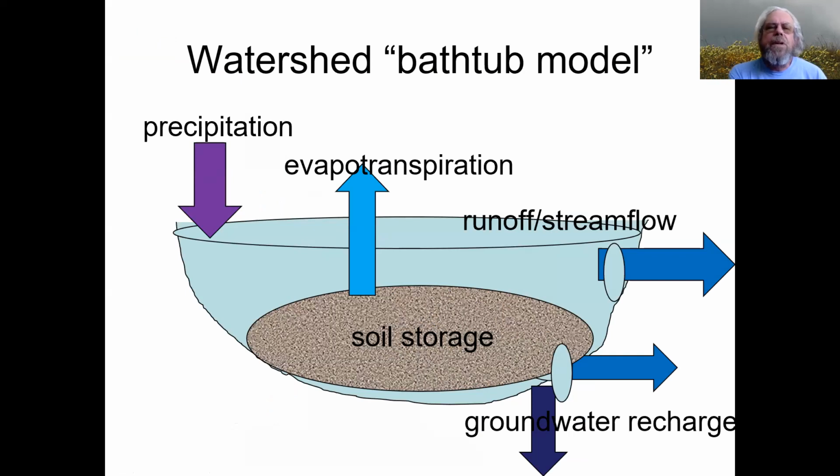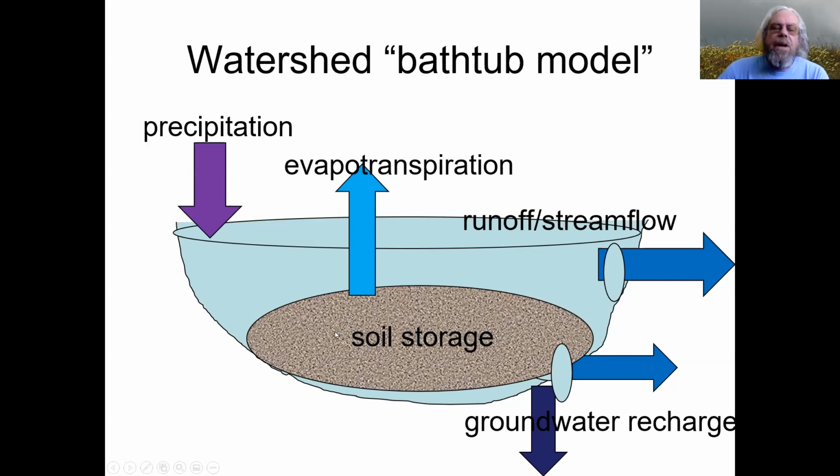And so to do that, we use the Watershed leaky bathtub or leaky bucket model. So we're just keeping track of where the water is coming in and where it's going out to. So we get precipitation. Precipitation starts filling up this sponge, that's the soil storage, dependent on soil texture and depth. Now, some of the water goes back up into the atmosphere via evapotranspiration through plants and then soil evaporation.